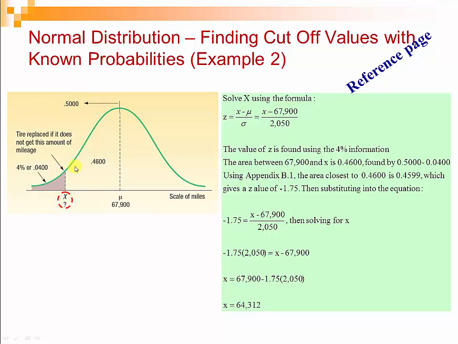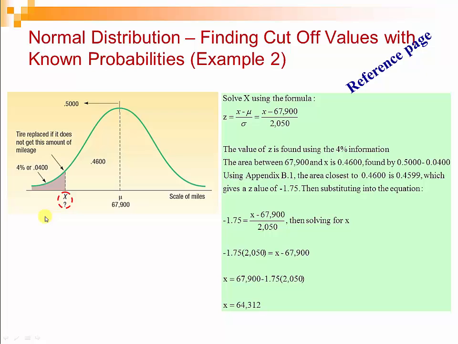So we're taking the 0.5 over here, and we're saying that if it doesn't get to the 67,900, which really is the mean, but if it doesn't get to this point of mileage, in other words, has fewer miles than this, we're going to have to replace it. But we don't know what this mileage point is. That's what we're trying to figure out, and what we're trying to find is this shaded area.